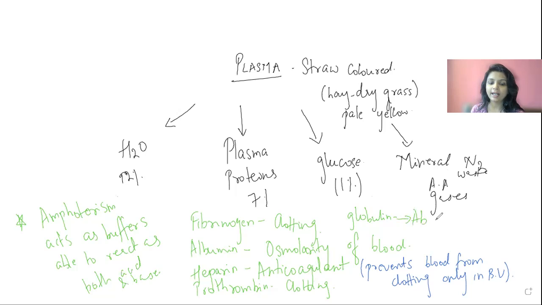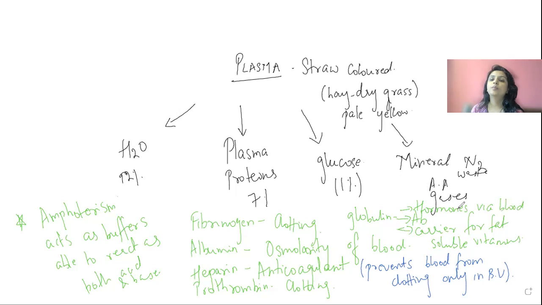They are even a carrier for fat soluble vitamins, because fat soluble vitamins need some carrier to carry them to various parts of the body. It transports hormones via blood.